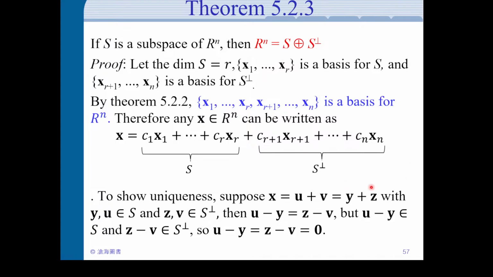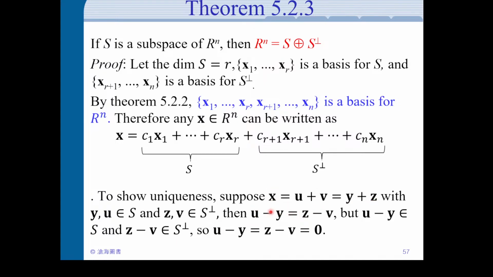Okay, so we check each part, and we also need to check the uniqueness part. We need to say X can be written as a unique combination of something inside S and something inside S perpendicular. So we do a kind of proof by contradiction.